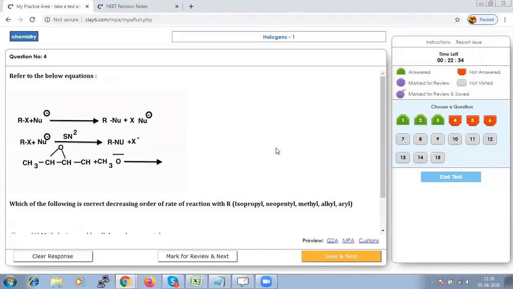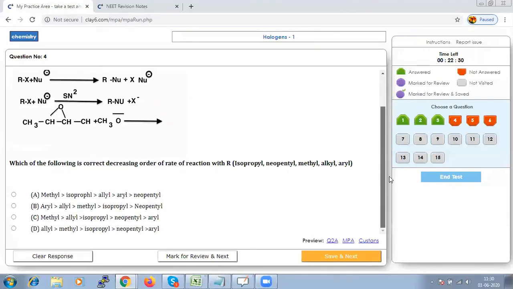Which of the following is the correct decreasing order for rate of the reaction: isopropyl, neopentyl, methyl, allyl, aryl. It is a known fact that the steric factor is important in deciding the SN2 substitution. But the electronic factor will also play an important role in deciding the reactivity of your aryl, allyl, or your isopropyl.